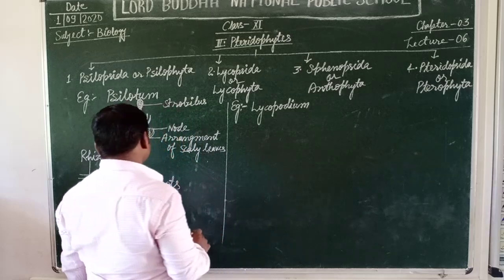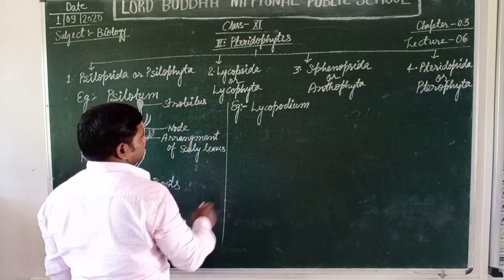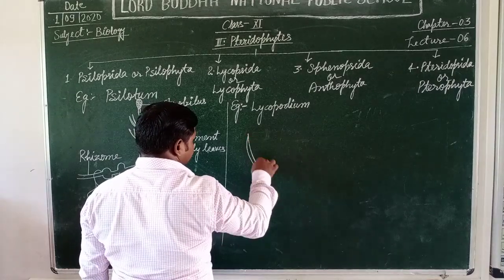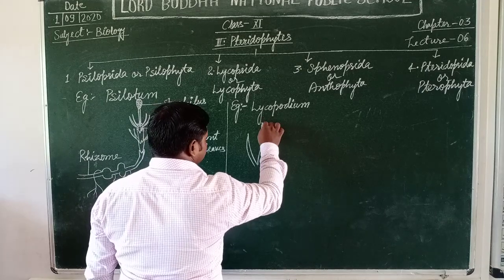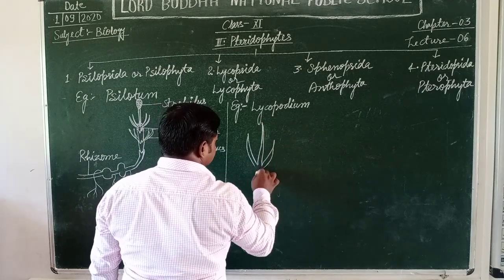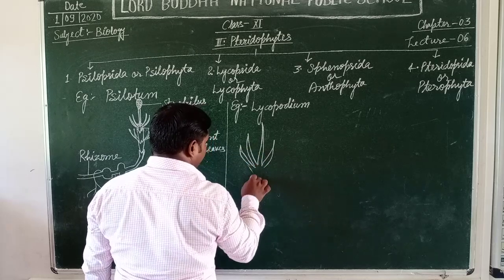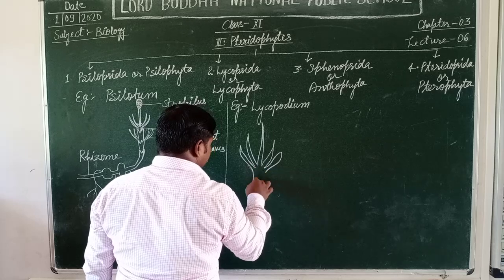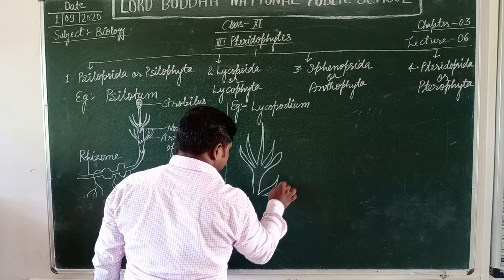Here we are going to describe the Lycopodium. This is the main branch on which a large number of scaly leaves are present.